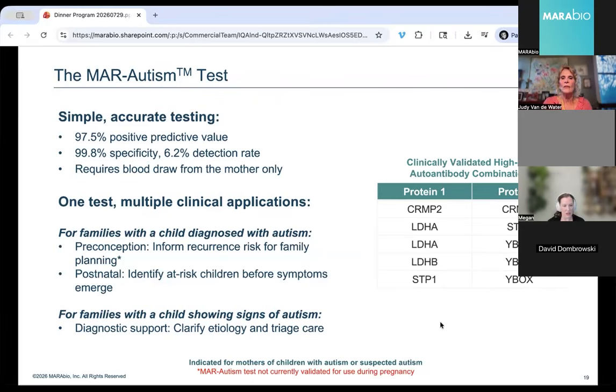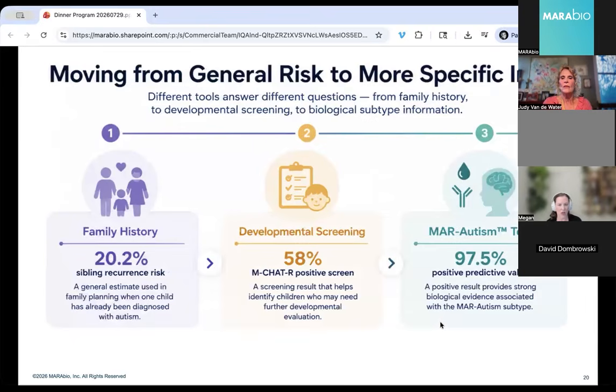So next slide. I want to put it into context as far as what this information provides. And again, I'm kind of pulling from my genetic counseling background. So on the left, when we're thinking about a family who has one child with autism, let's say that genetic testing came back non-diagnostic, nothing suspicious, and they say, what is the chance for us to have another child or a future child affected with autism as well?